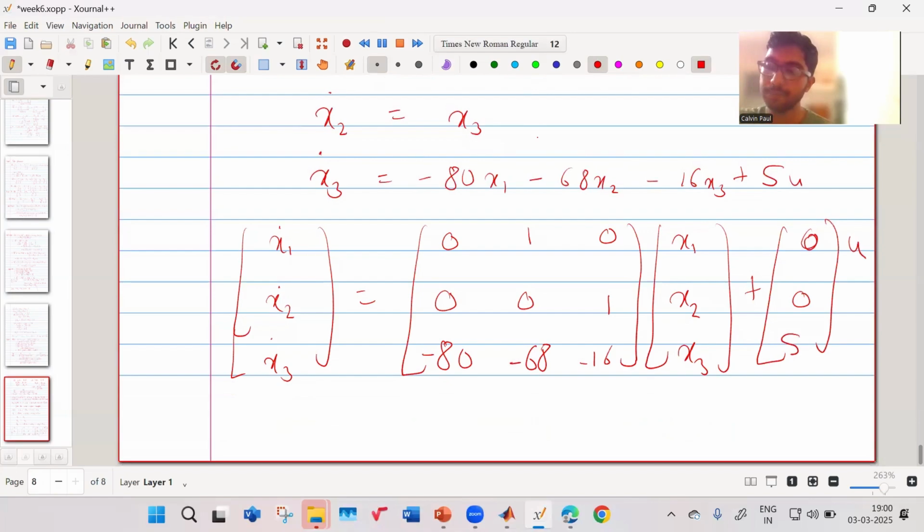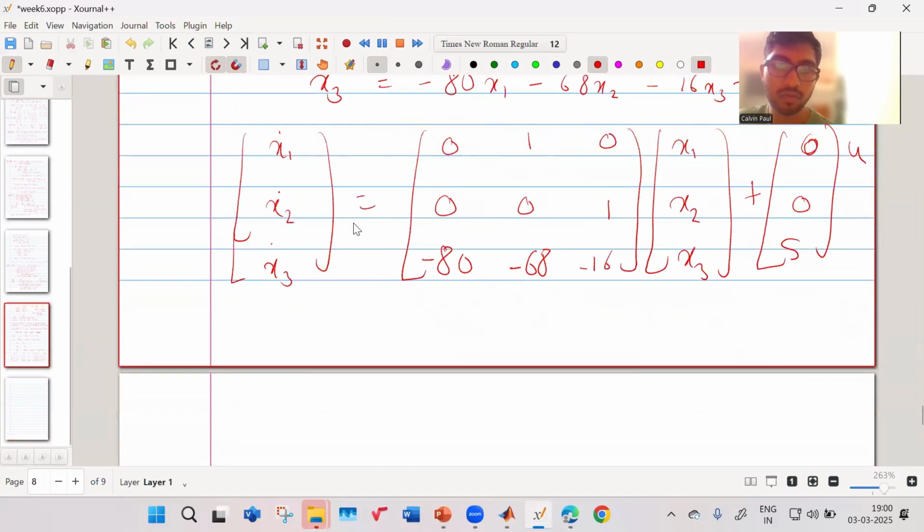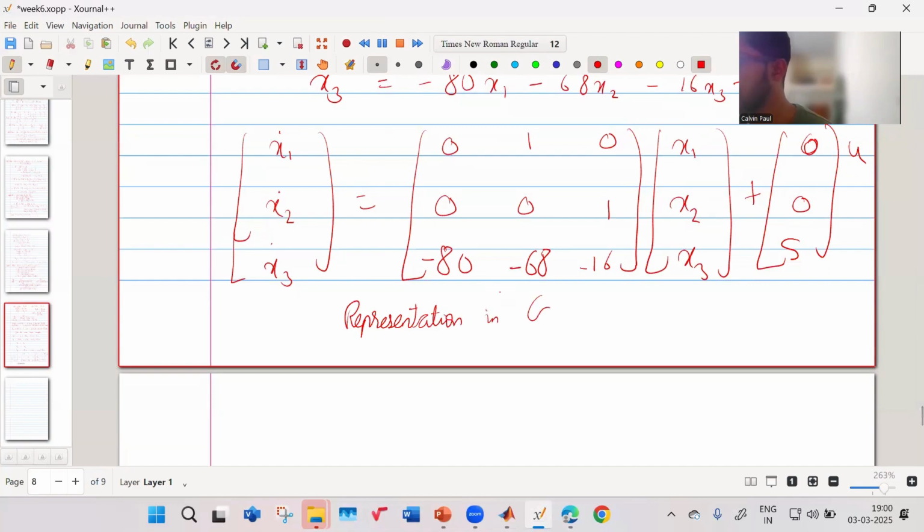Any doubts till here? So this is the representation in canonical form.